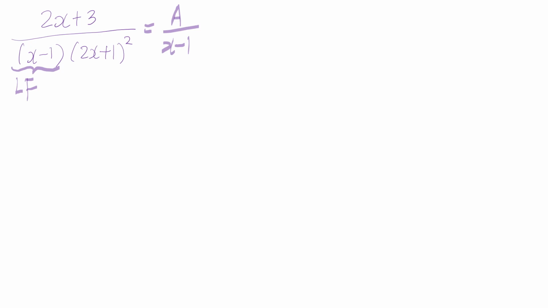Now, if you look at the second factor, this is a repeated linear factor. So what is the rule to use for a repeated linear factor? It will be plus b. You've already used up the letter a, so naturally, the next letter you will use will be letter b, over 2x plus 1, then plus c over the repeated linear factor.